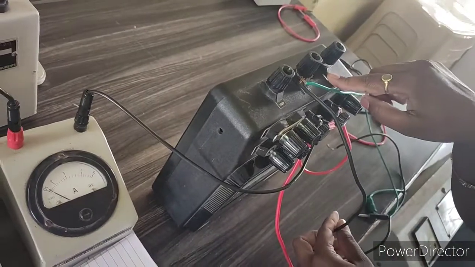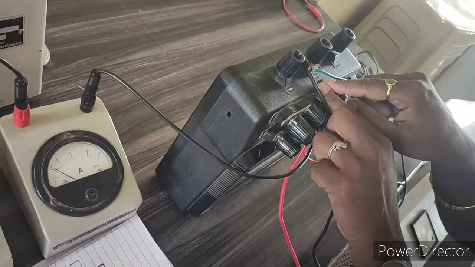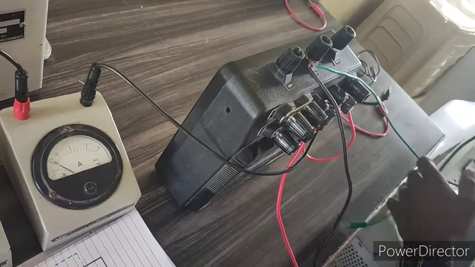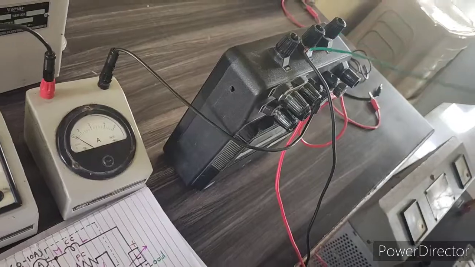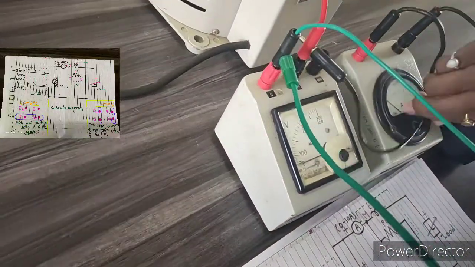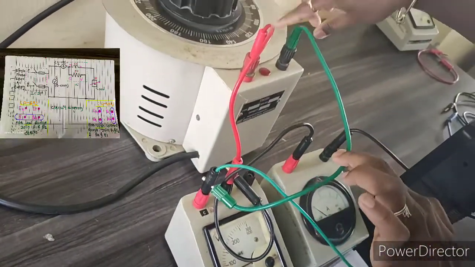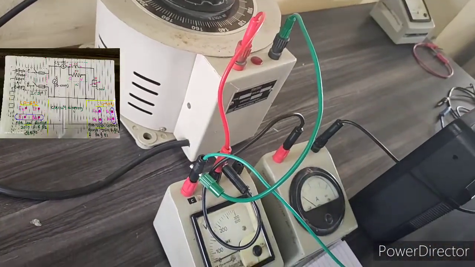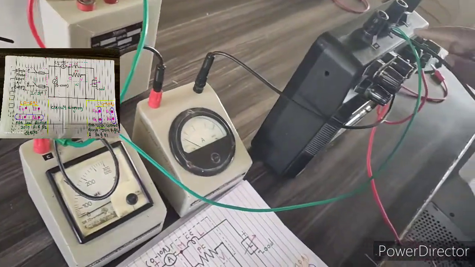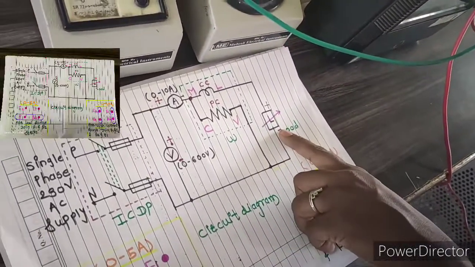So next one is the voltage range, V terminal of the wattmeter. This V terminal is taken as 300 volt for the low range. From this one, we are connecting the negative terminal of the voltmeter, and from this negative terminal of the voltmeter, we are taking the neutral terminal of the auto transformer. And one last, from this V terminal again, we are connecting the negative of the load.